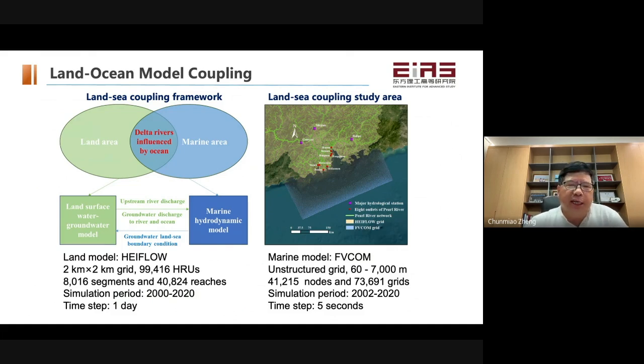In our work, we used a popular marine model, FVCOM, to simulate and predict the ocean dynamic, and use that as a boundary condition for our hydrological model. Okay, so this is a land-sea coupled model.